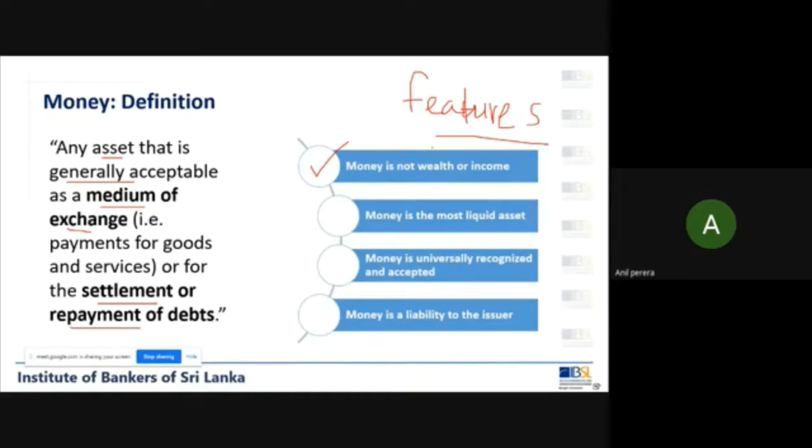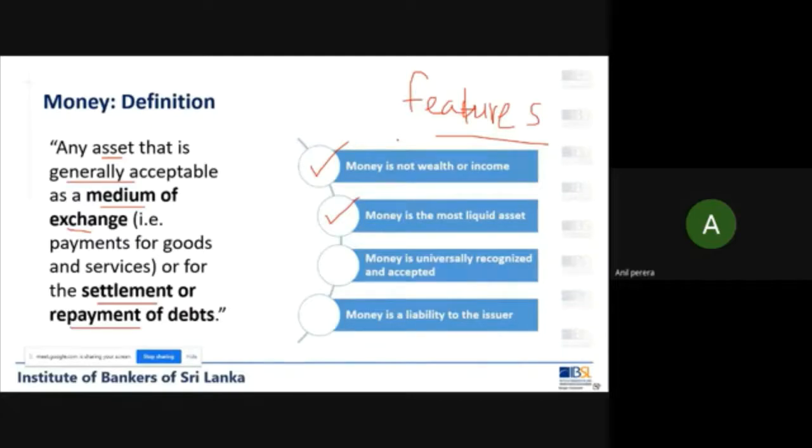Money is the most liquid asset. Most liquid means you should be able to use it without any conversion, or even if you are converting, you should be able to convert very fast and without significant loss.